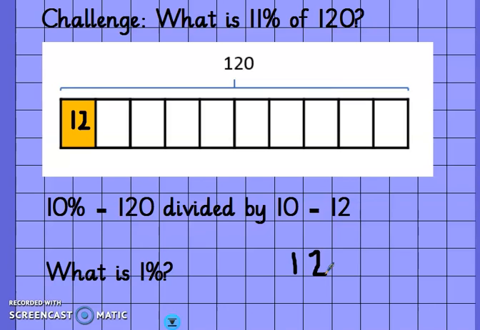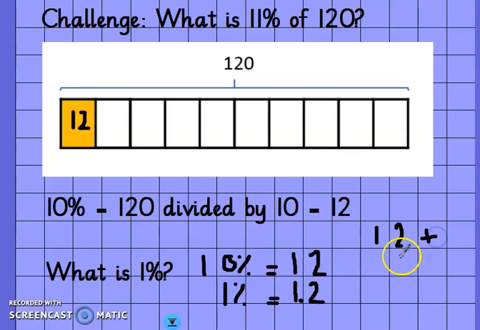To do 1%, we need to work out what is 12 divided by 10. So I'll write here 10% equals 12. 1% equals 1.2. Because if we times 1.2 by 10, then we would get 12. So now we can add them up. What is 12?